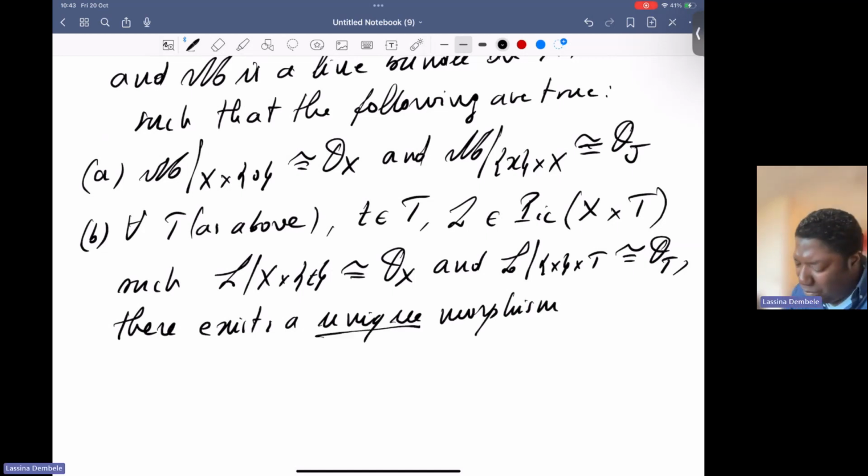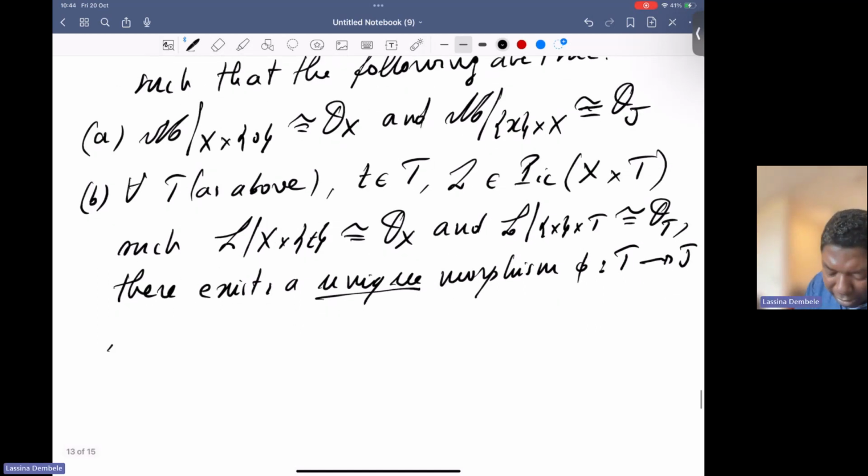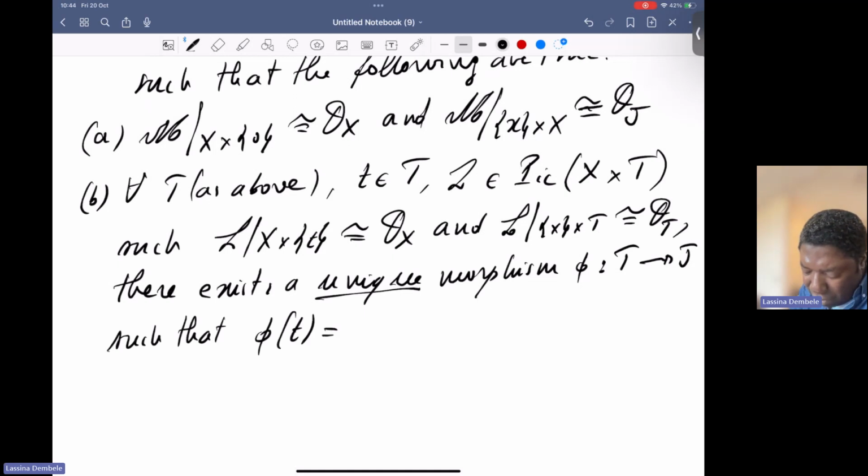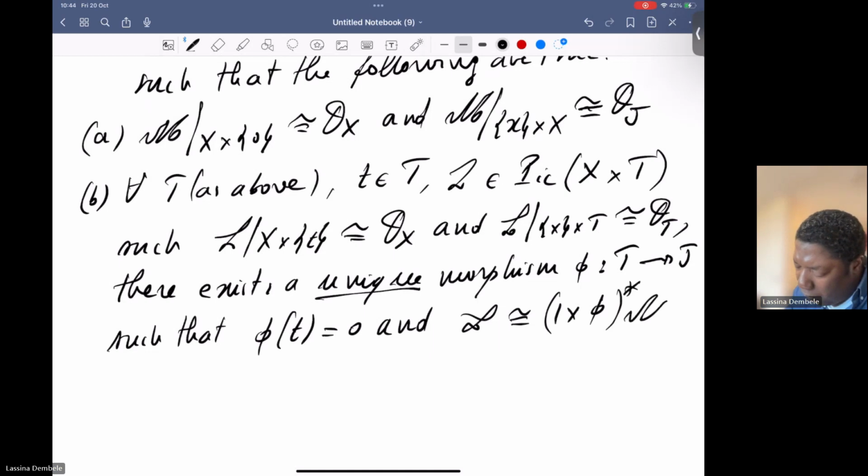So this unique morphism, phi, goes from T to J, and it is such that it will map T to 0, and then I will obtain my line bundle L by simply pulling back M using 1 cross phi.